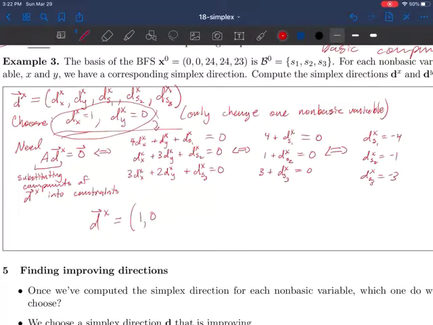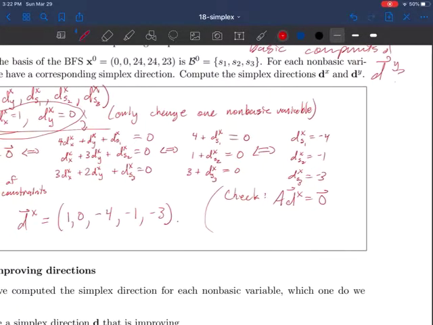And of course that means that dx vector equals 1, 0, -4, -1, -3. And you can check. This does satisfy the condition that A dx equals the 0 vector. Remember when I say the 0 vector here, I mean 0, 0, 0.